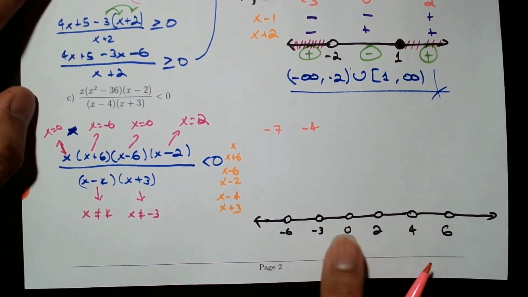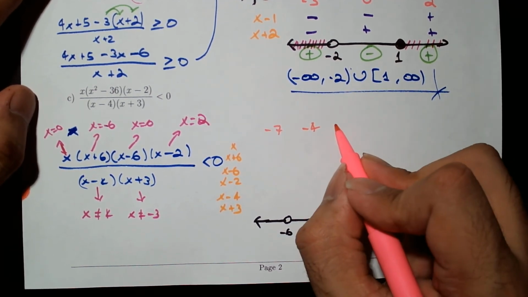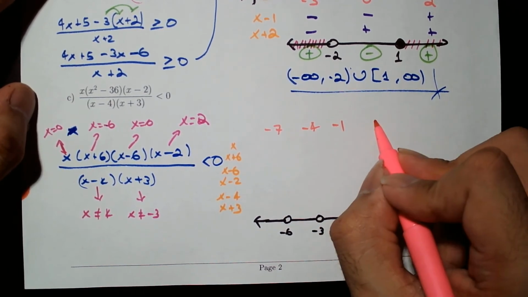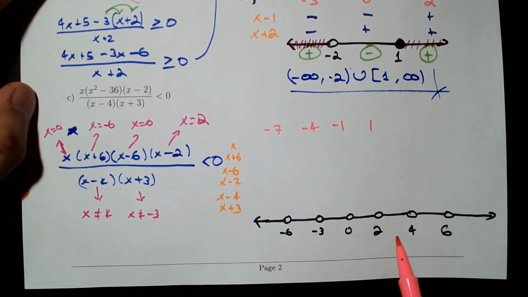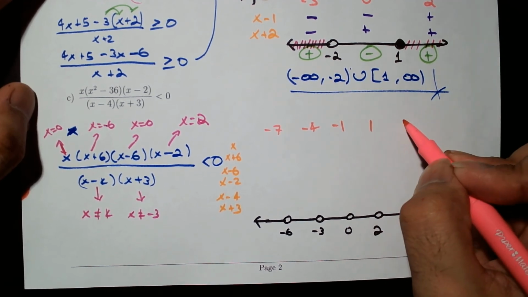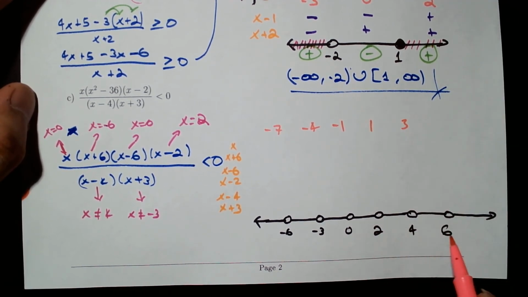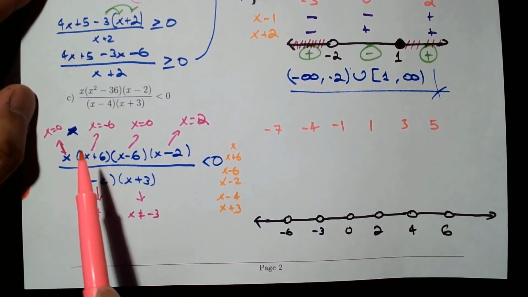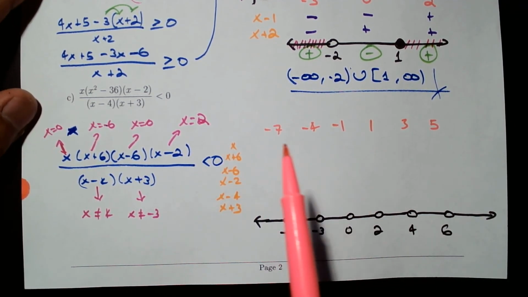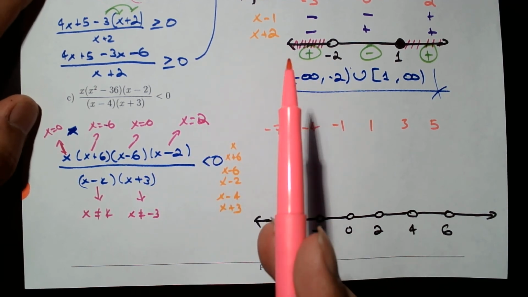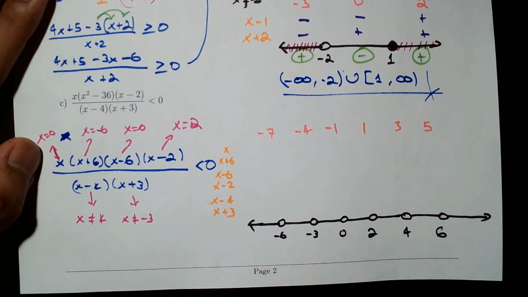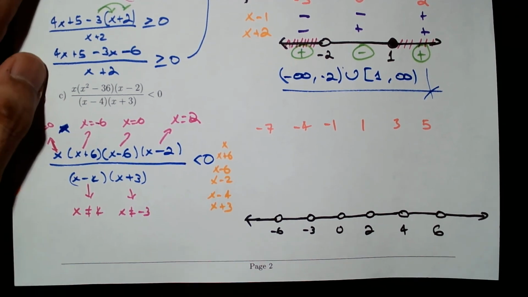Between negative 3 and 0, negative 1 is another test value. Between 0 and 2, I'm going to choose 1. Between 2 and 4, I'm going to choose 3. Between 4 and 6, I'm going to choose 5. So we were lucky to have all of them integers and not fractions like we had to do in one of the examples. I think it was on the previous page, right?